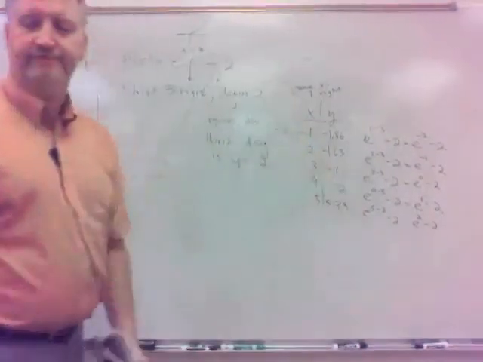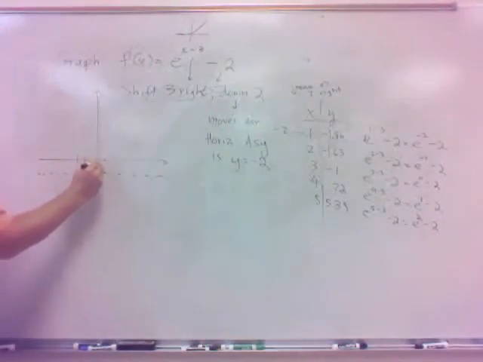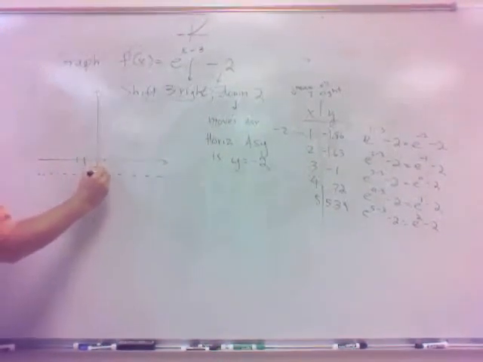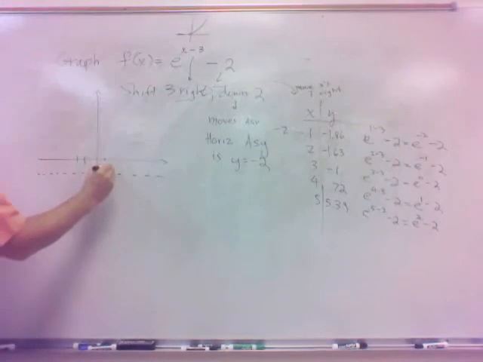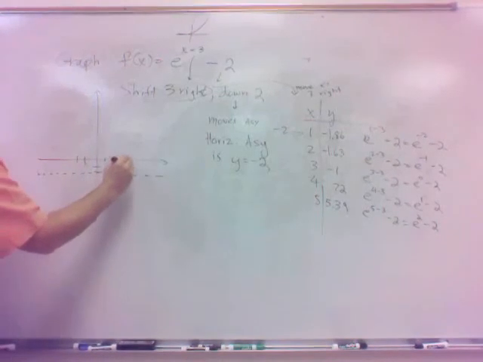Off a little bit. Okay, so graphing those, 1, negative 1.86. 2 is negative 1.63. 3, I'm at negative 1. 4, I'm at 0.72.